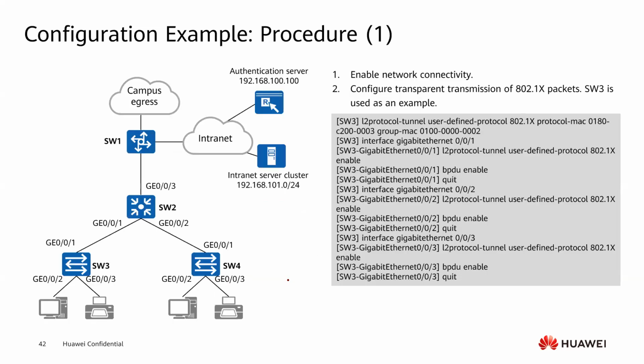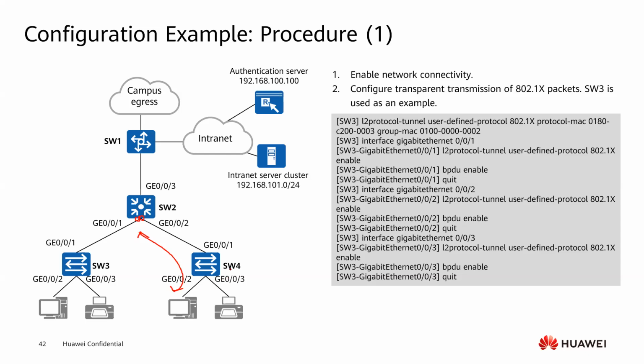So first, you need to enable the network connectivity, such as configuring the VLAN, configuring the allowed VLANs, and configuring some IP addresses of the network. And second, because you need to configure the 802.1x packet on the SW2 here, and these two interfaces, you need to configure the transparent transmission between here.